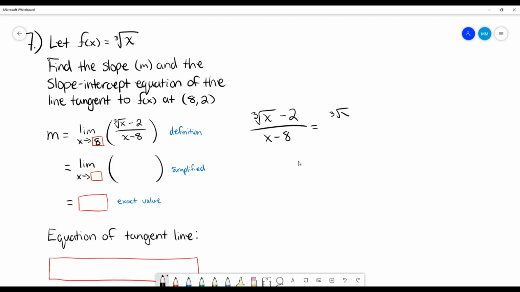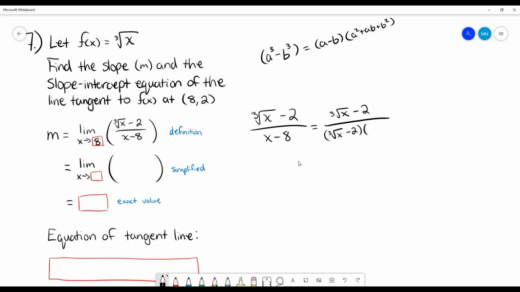So we'll get this up here, and then the cube root of x. Remember, our perfect cube, if we have this, we can factor it out like so. So we get the cube root of x minus 2, which we can already see cancels, but let's finish factoring first.